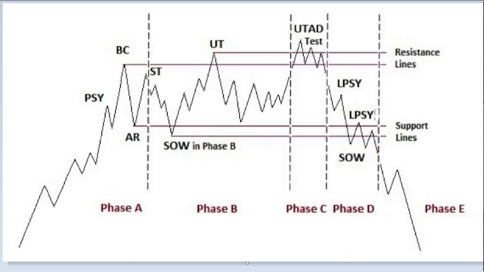As you can see, this LPSY, let's pick a different color. There we go. And then this one does a little bit more bouncing around, and usually breaks a sign of weakness.